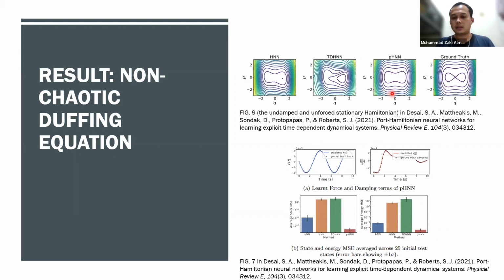But if we look closely at the level set of the Hamiltonian plotted on the phase plane like this, we see that the Port-Hamiltonian neural network is clearly much closer to the ground truth data than the Hamiltonian neural network or the time-dependent Hamiltonian neural networks, because I think in the standard Hamiltonian neural network and the time-dependent Hamiltonian neural networks, the system begins to learn a somehow distorted Hamiltonian in this case.